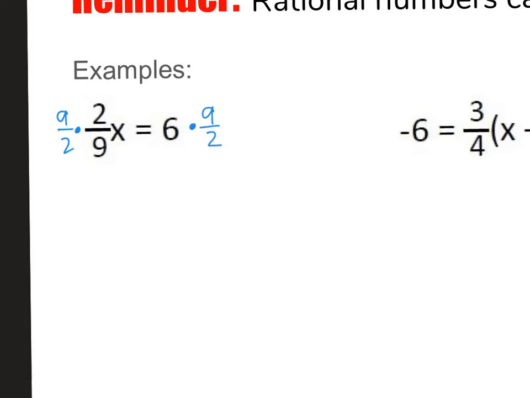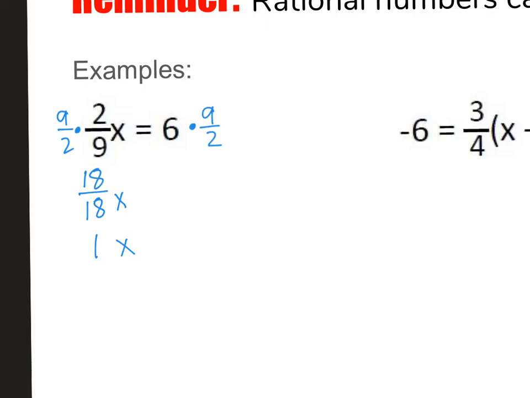Now remember, this works because when you multiply top times top and bottom times bottom, 9 times 2 is 18, and 2 times 9 is 18. 18/18 is 1, which means we got x by itself.